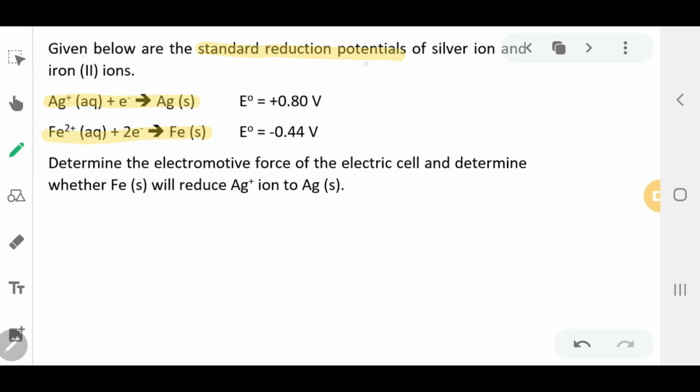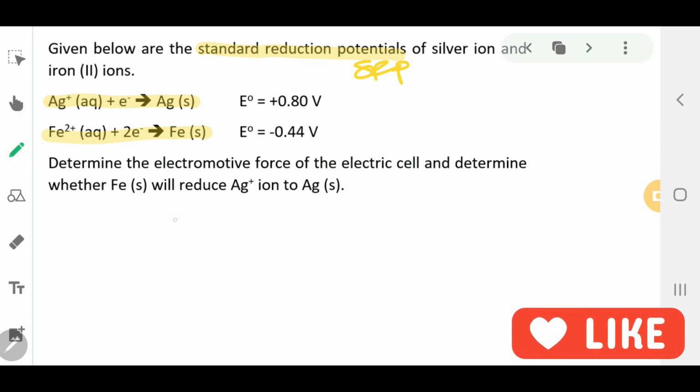So these are the SRP. And do remember, more negative SRP will be the anode, and more positive SRP value will be the cathode.